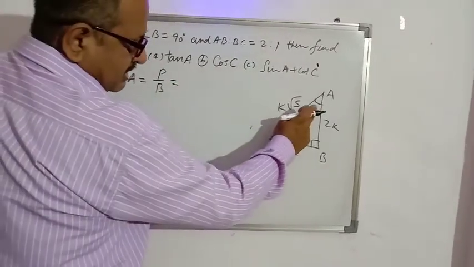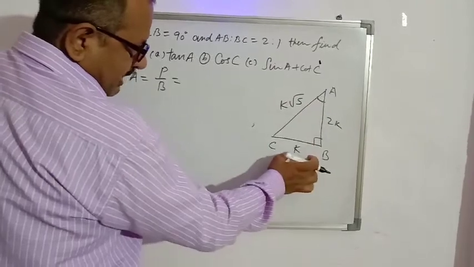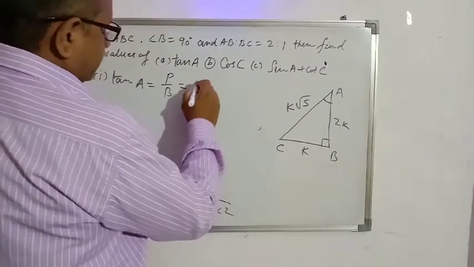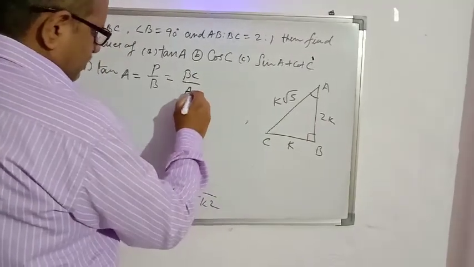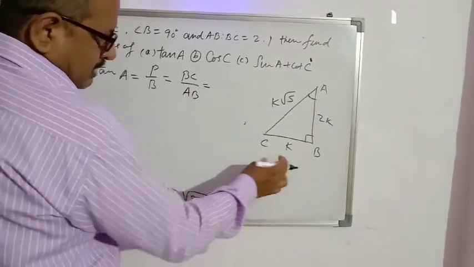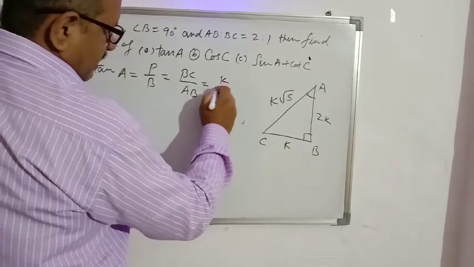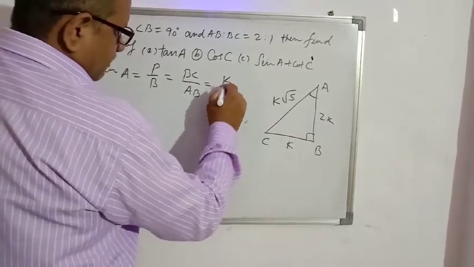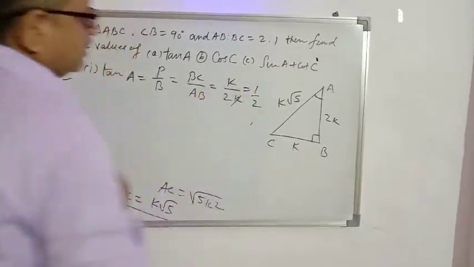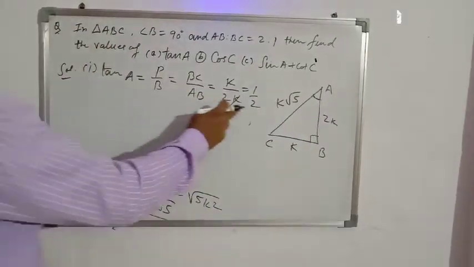When we consider this acute angle, its opposite side BC will be perpendicular and AB will be base. BC upon AB. BC is K and AB is 2K. So K cancels with K, it will be 1 by 2. So the value of tan A is 1 by 2.